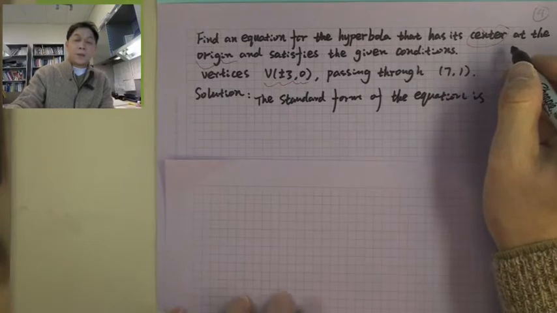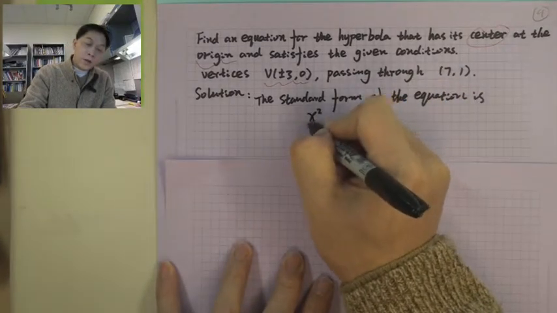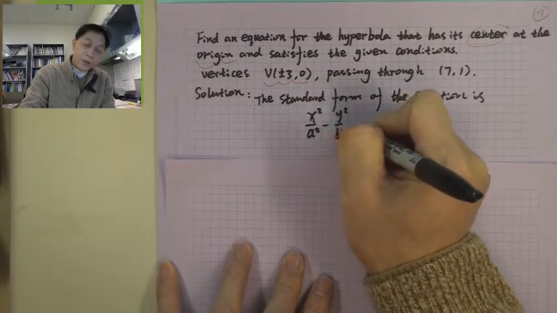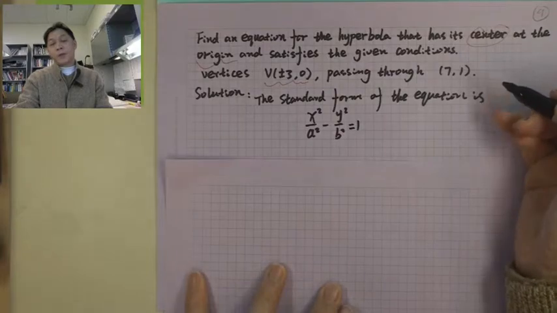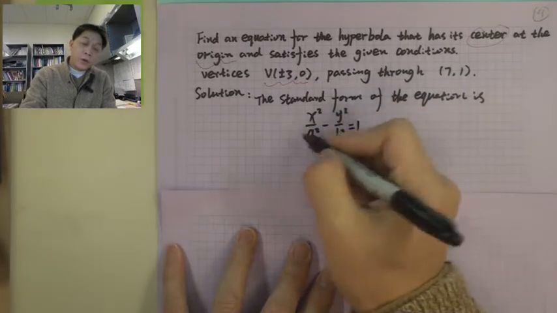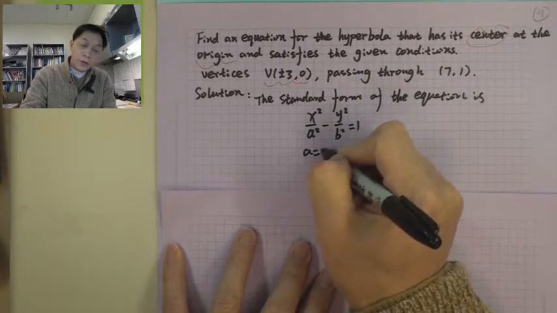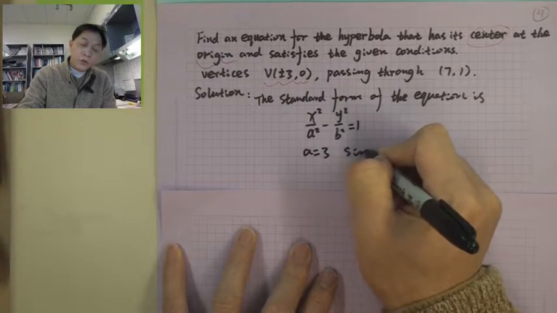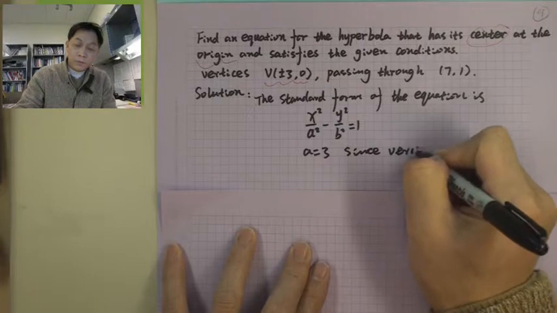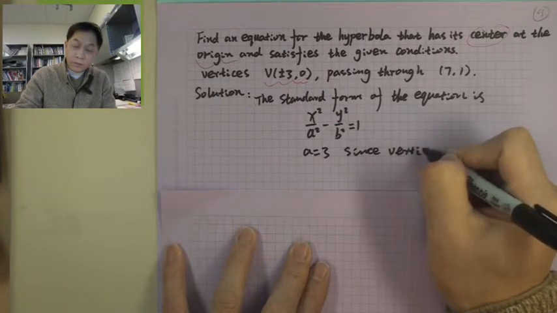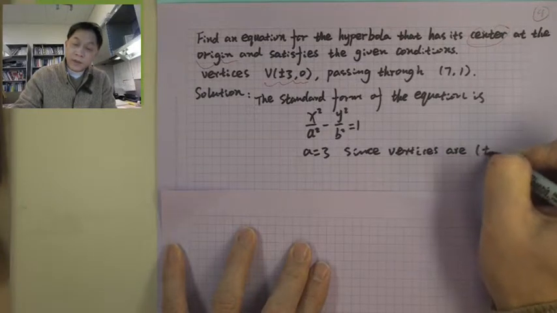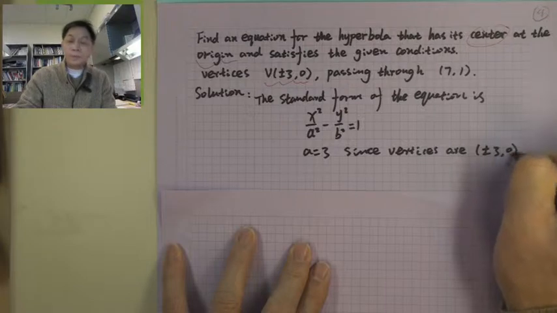It is x squared over a squared minus y squared over b squared equals 1, because here the vertices are on the x-axis. And you also know that a is 3, since the vertices are (±3, 0).